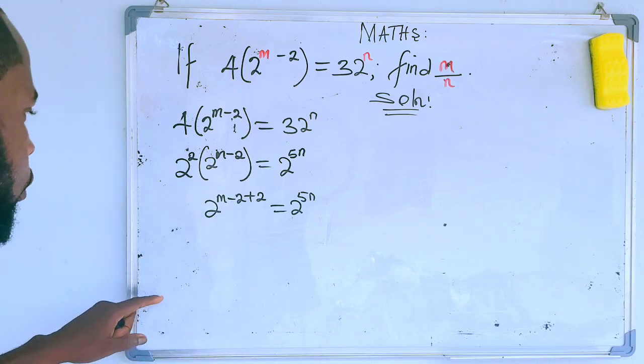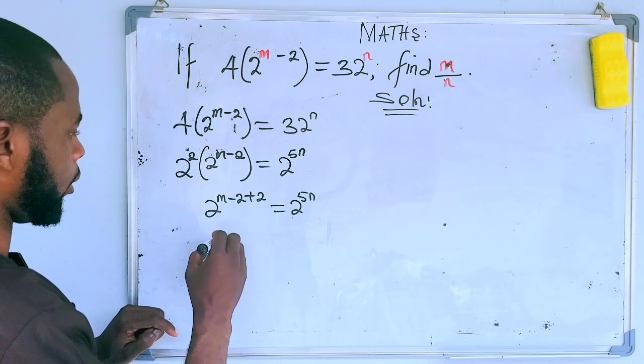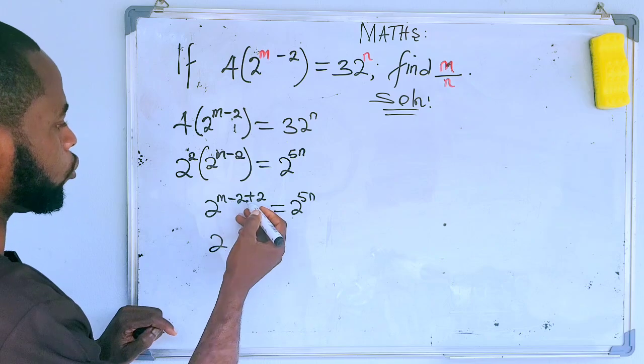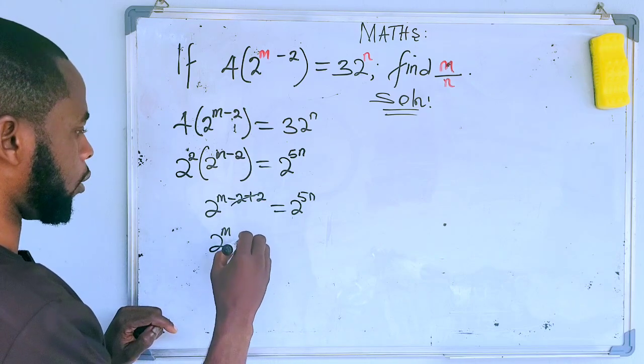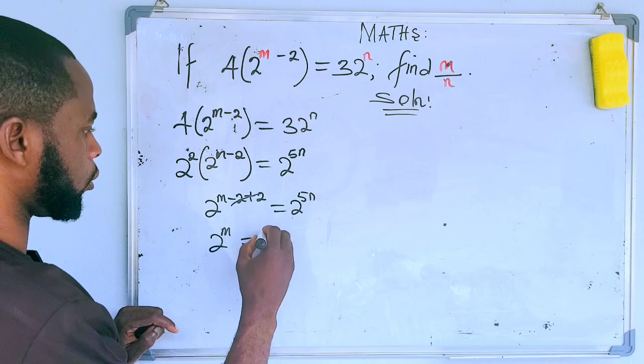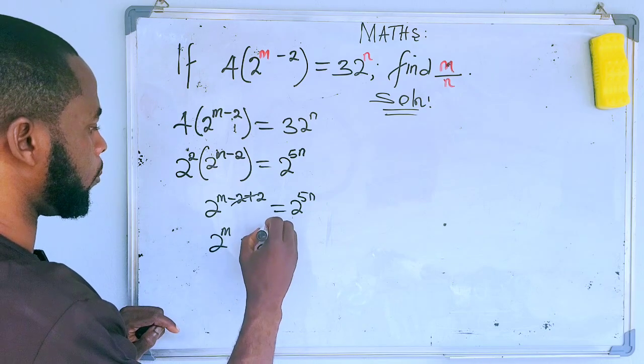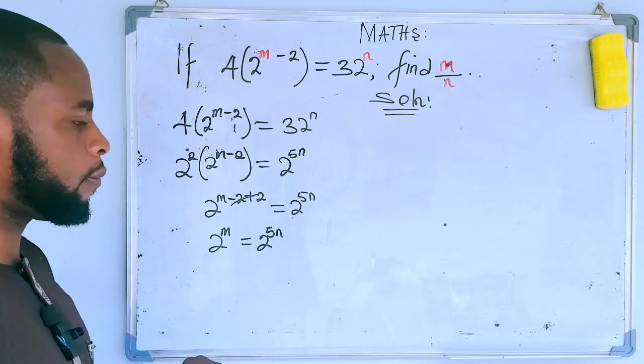Now, if you add this, you are going to have that 2 minus 2 is gone, and we have 2 to the power of m equals 2 to the power of 5n.